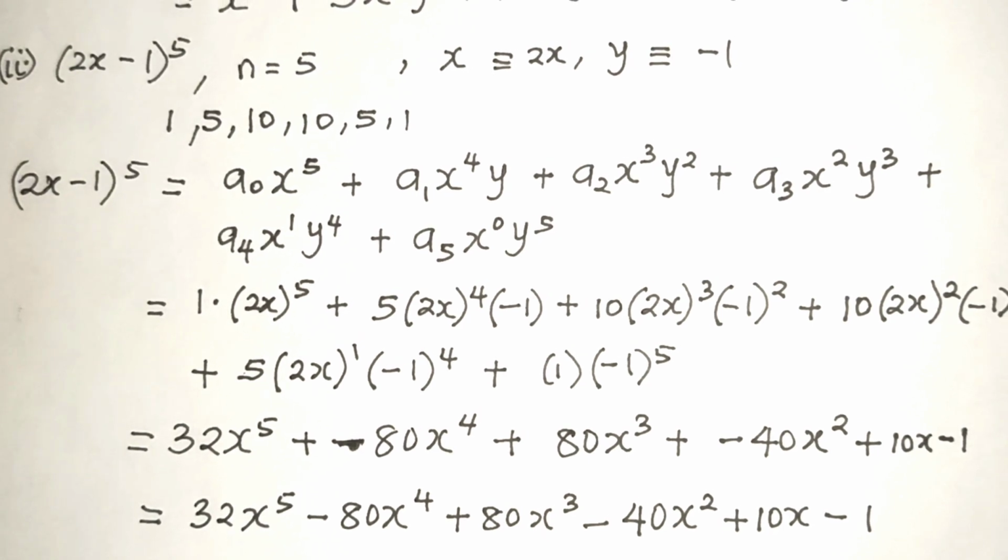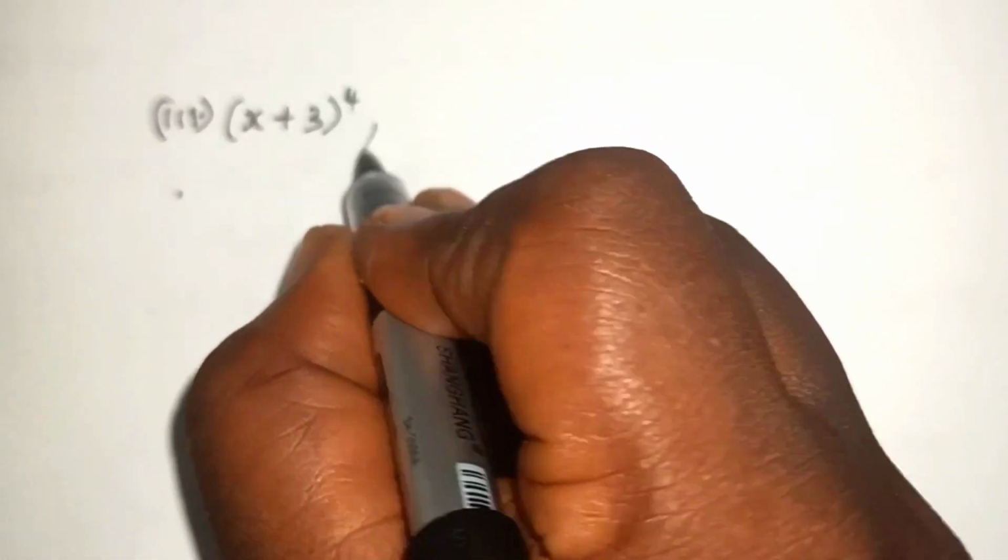Now, the last but not the least is the expansion of (x + 3) raised to the power 4. The third one, (x + 3) raised to power 4.